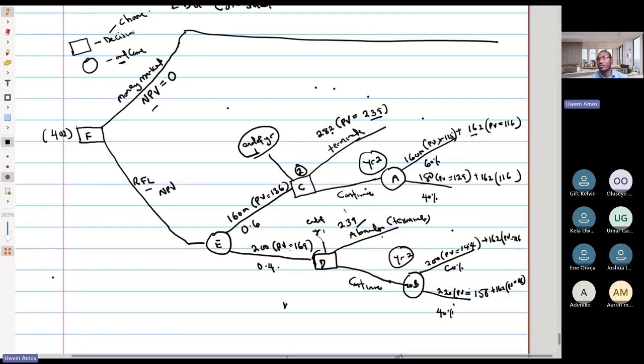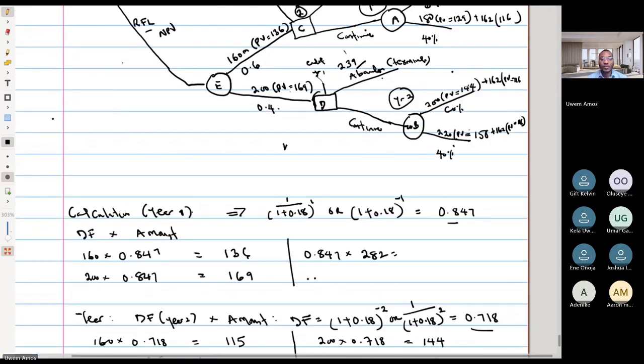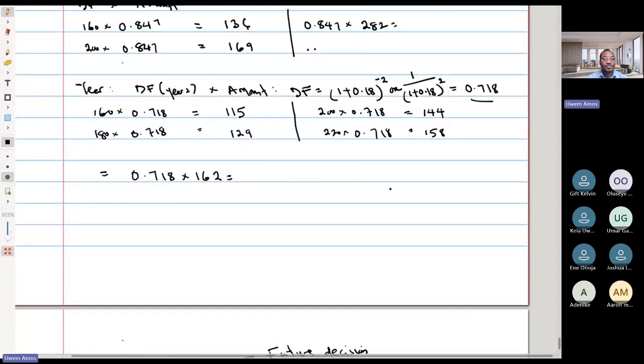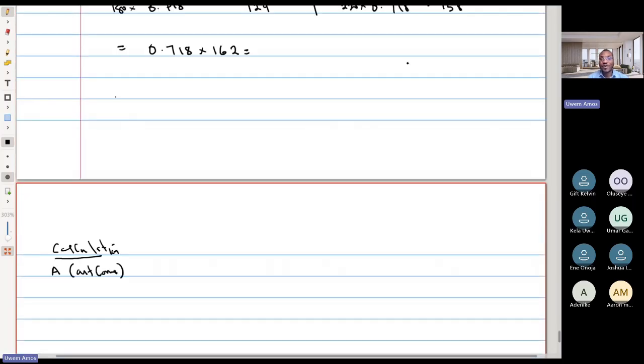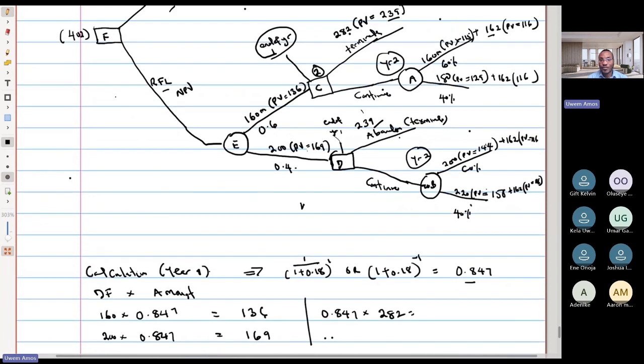So let's evaluate the possible outcome and do a calculation for A. We're beginning with A, which is an outcome, because we designated it in a circle. So let's go back to our chart and see what value we get from A.